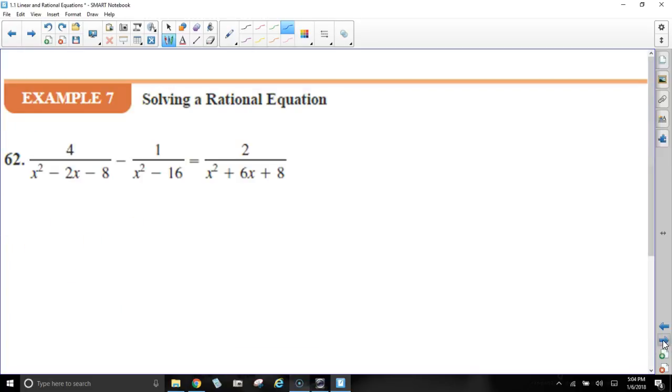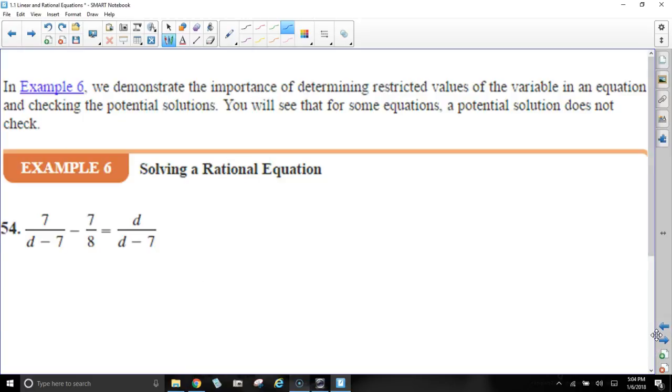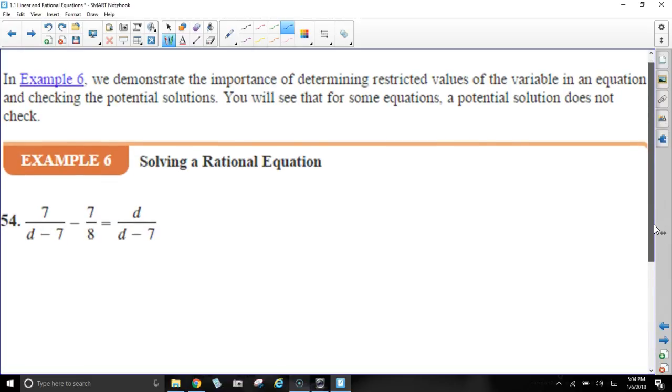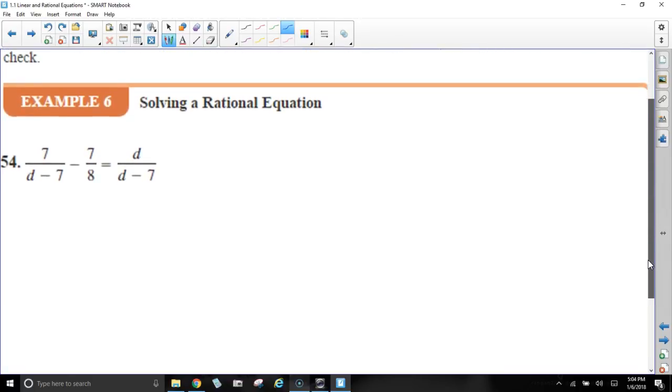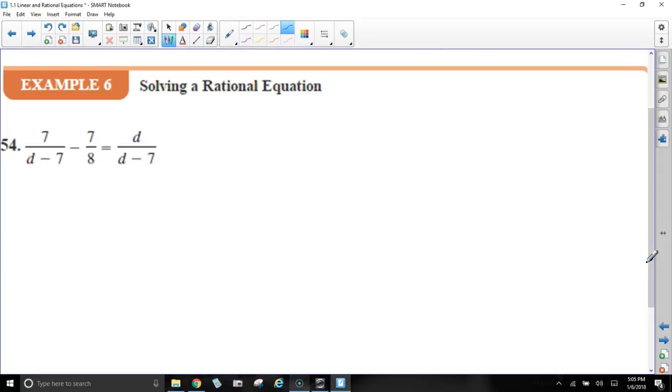Whereas on our next example, yeah, there's the next example. This is another rational equation, but this time slightly different. The value that we need to restrict, that would give us 0 in the denominator, is not 0. 0's okay here for d, but d can't be equal to positive 7.